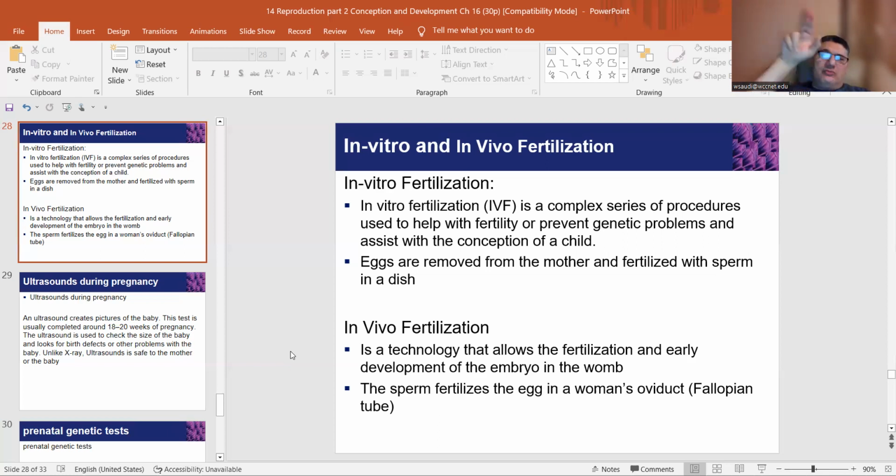So we are going to bypass this pathway, which is from the vagina to the cervix to the uterus to the fallopian tube. We're going to bypass all of this. We are going to inject directly into the fallopian tubes. And then fertilization will occur just as normal, and it's going to move down all what we talked about.